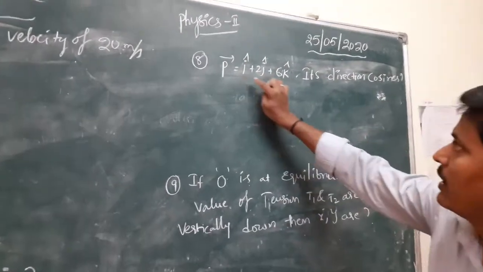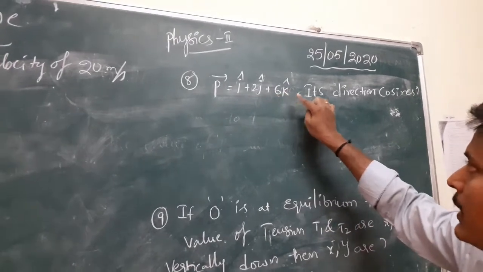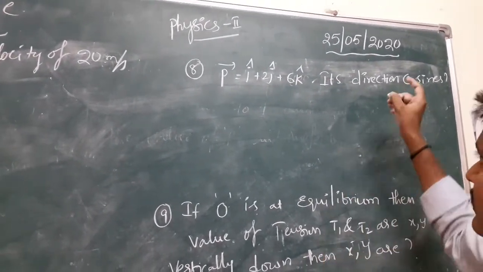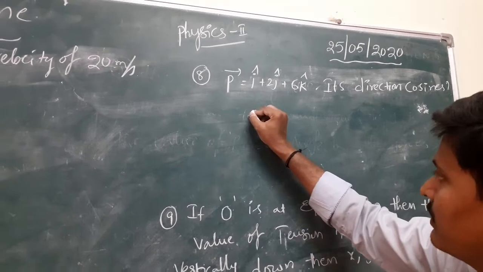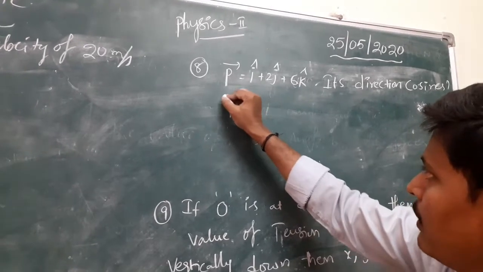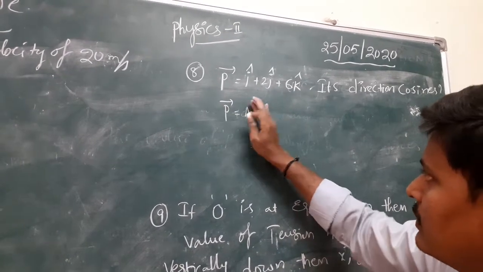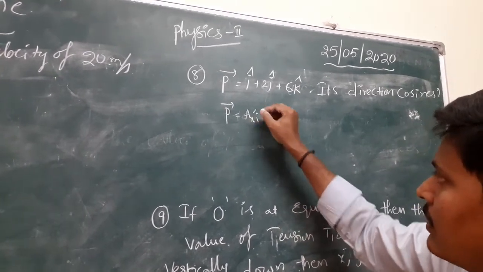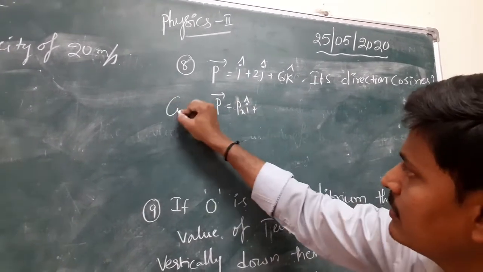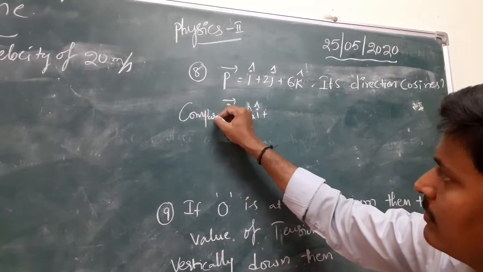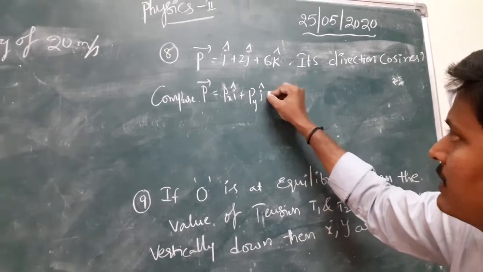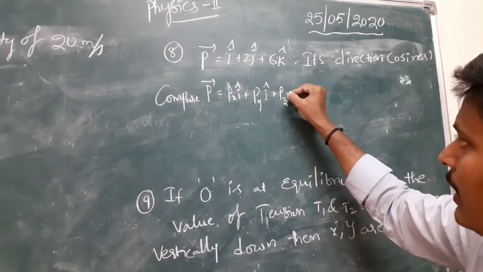Next, p bar is equal to i cap plus 2 j cap plus 6 k cap. Find its direction cosines. This can be compared with p bar equal to px i cap plus py j cap plus pz k cap.